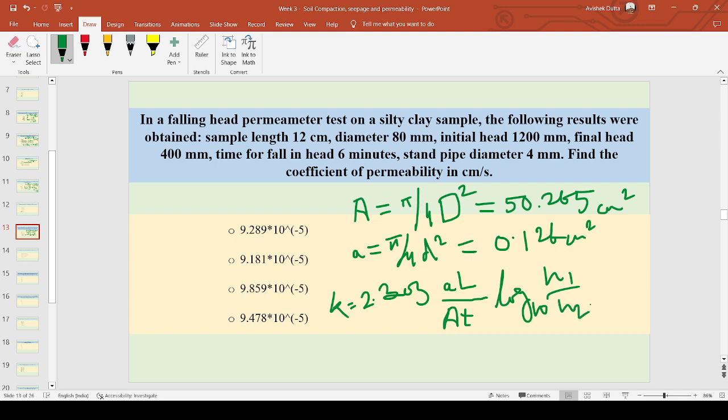Okay, solve this. What is the answer you're getting? Please tell me.